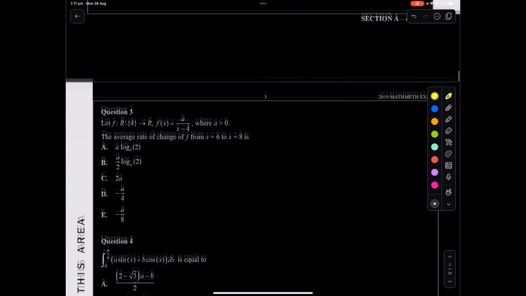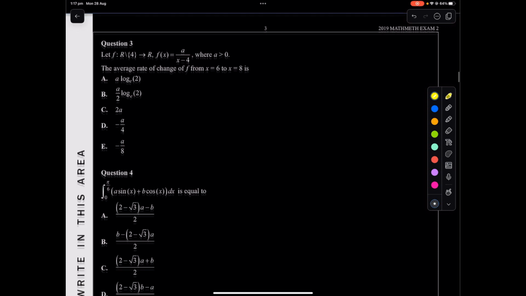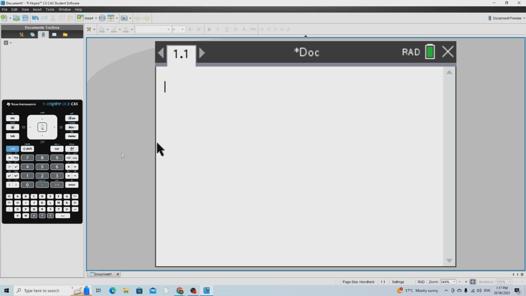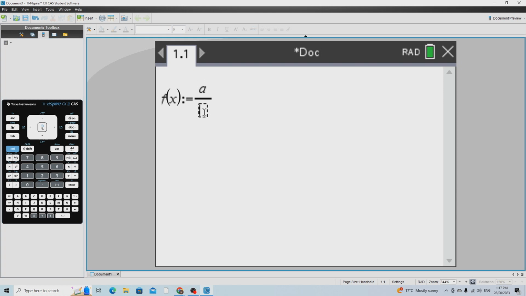Perfect. Question 3. Okay, f of x is given here where a is greater than 0, so it's a hyperbola. The average rate of change of f from x equals 6 to x equals 8 is what? Okay, I'm going to do this on CAS, just a quicker way. So I'm going to open my CAS and define the function. So f of x is a over x minus 4.